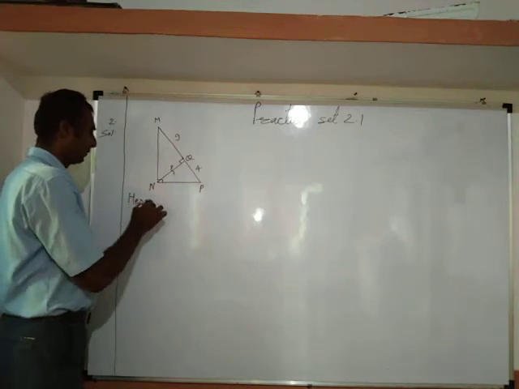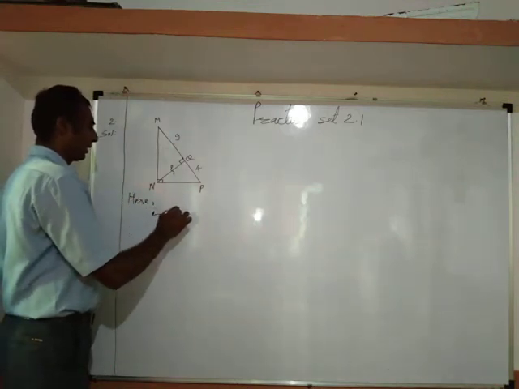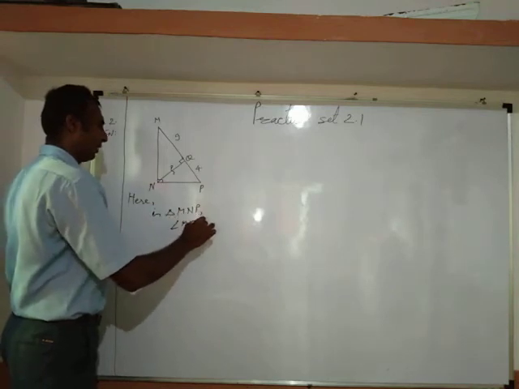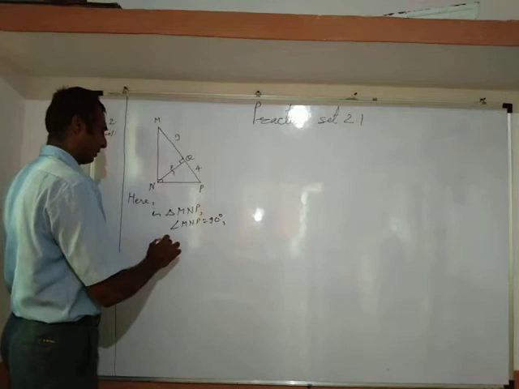Here, in triangle MNP, angle MNP equals 90 degrees.